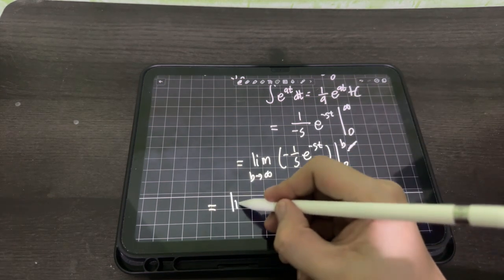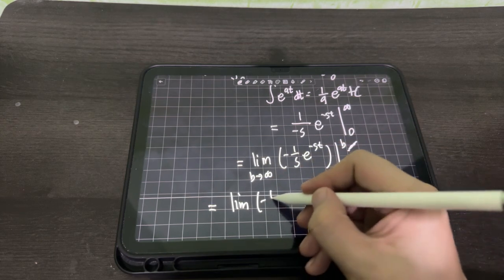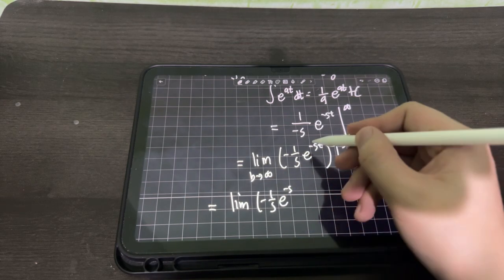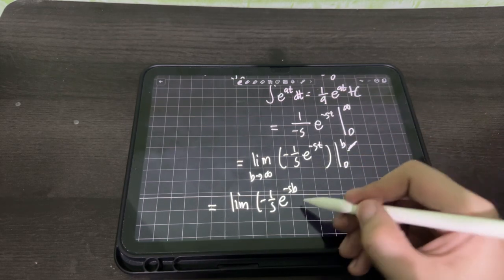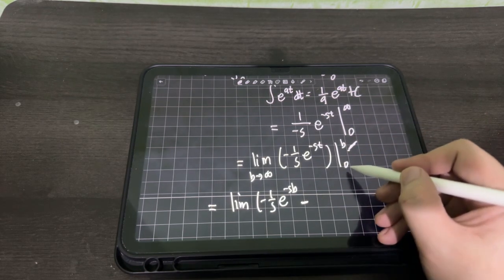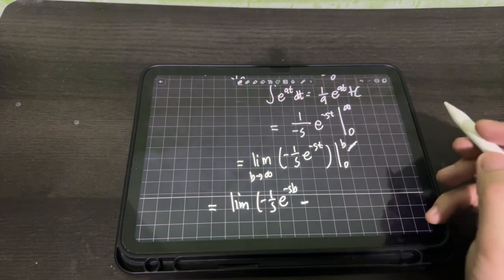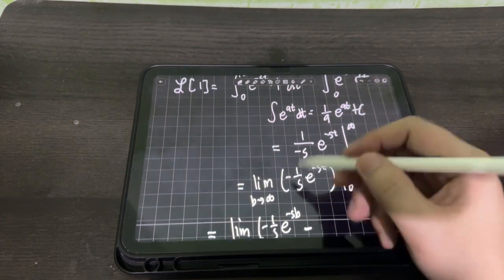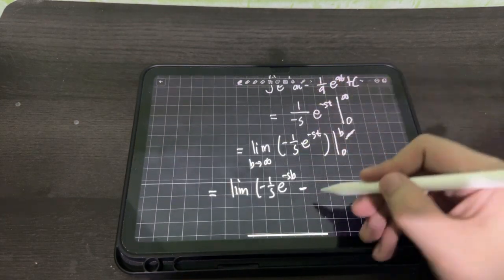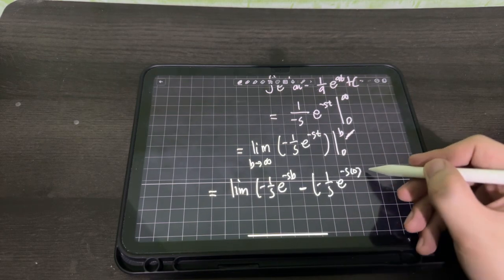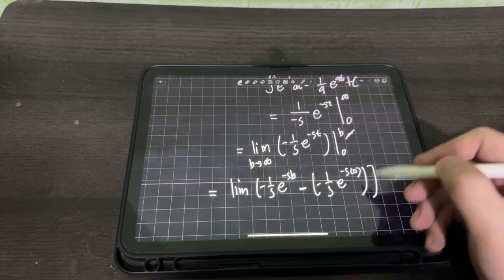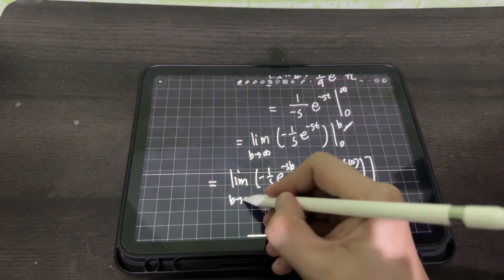We will have the limit of negative 1 over s e to the negative sb, replacing t with b, then minus, substituting this time the lower limit 0 for t, so minus negative 1 over s e to the negative s times 0, as b approaches infinity.